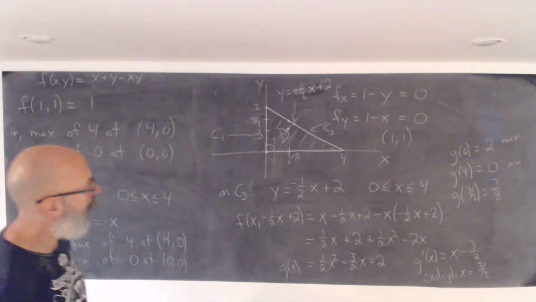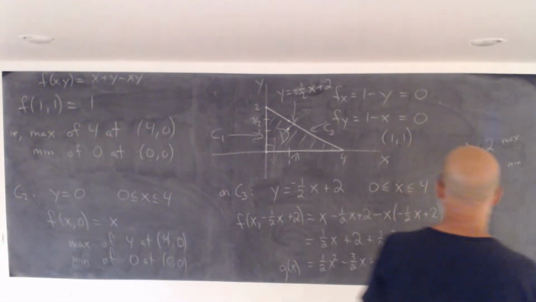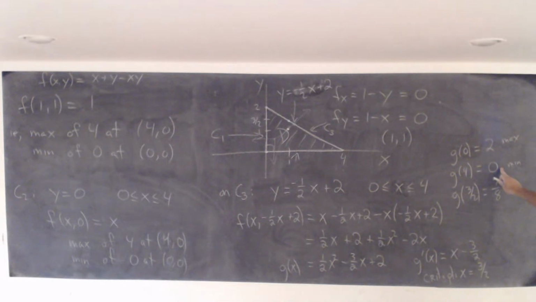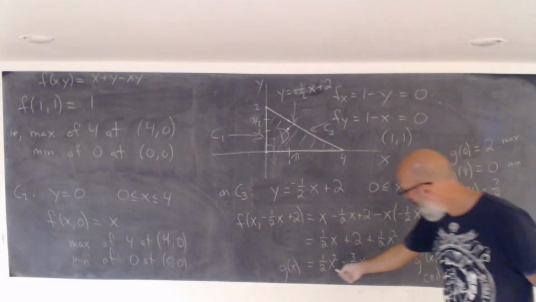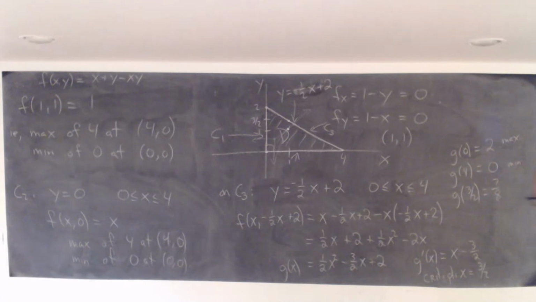Have I made a mistake here? Was g of 4 really 0? That's 8 minus 6. No, yeah, there you go. That was a 4, and this was a 7/8.